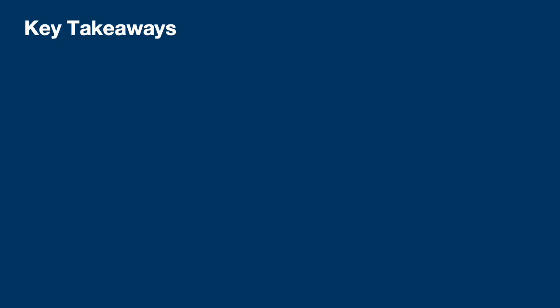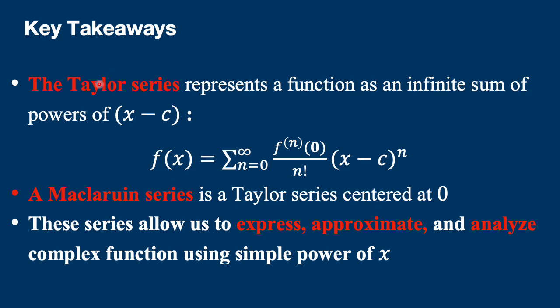Let's summarize what you learned from this lecture, guys. The first one is, what is a Taylor series? A Taylor series represents a function as an infinite sum of powers of x minus c. c is the center. What is the coefficient? f^(n)(c) divided by n factorial.